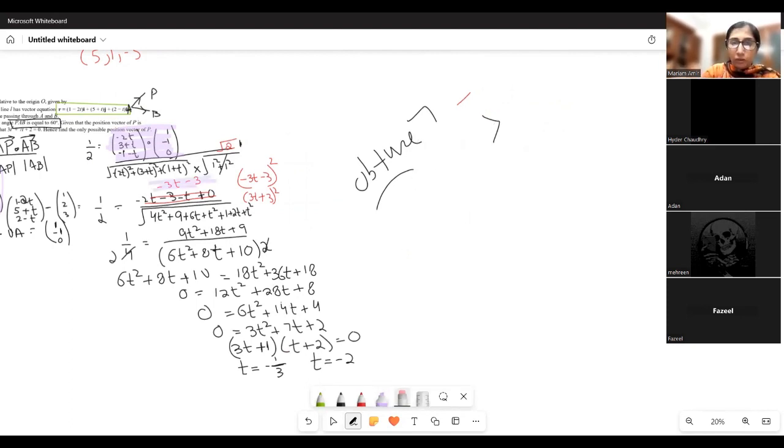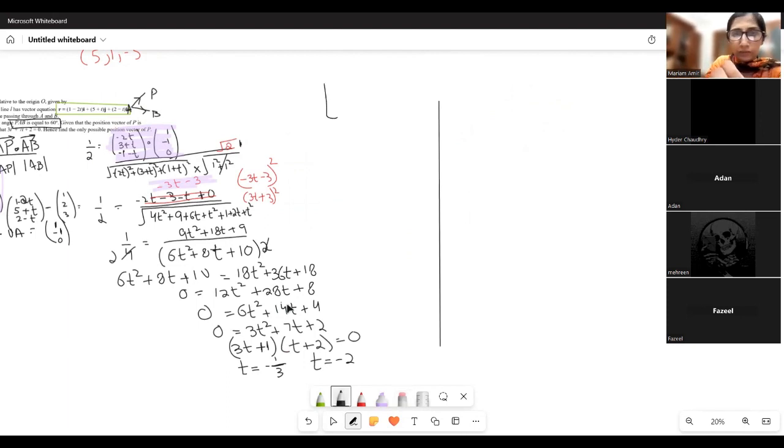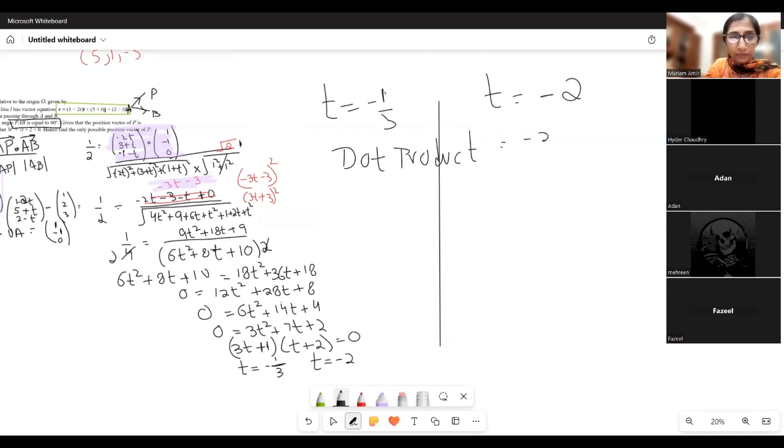Okay. So let's see quickly. So t is -1/3 and t is -2. The result of dot product was -3t minus 3. ये यहाँ से.